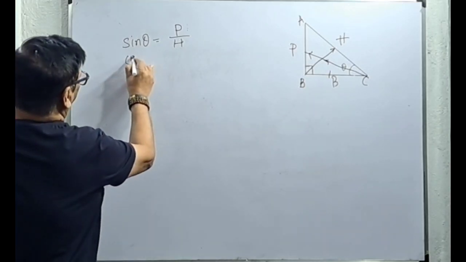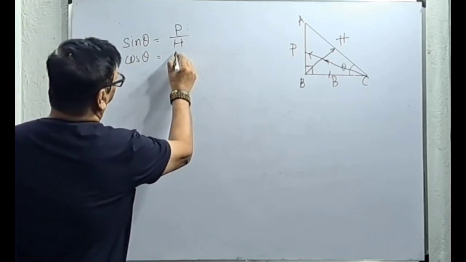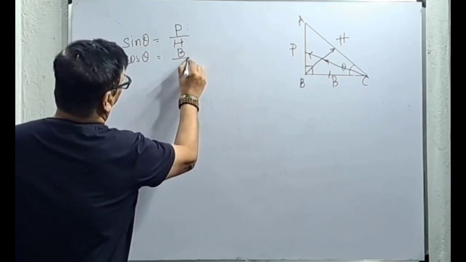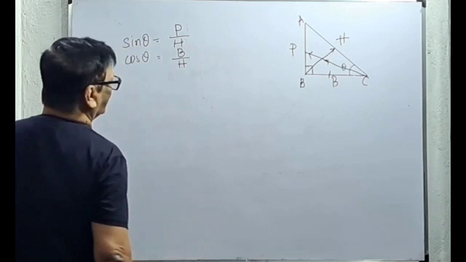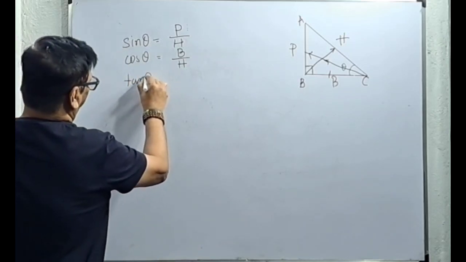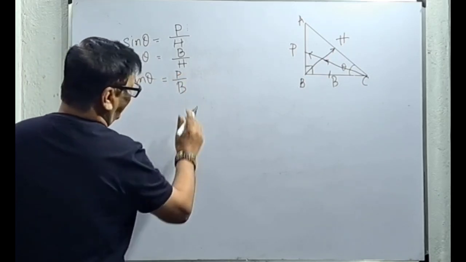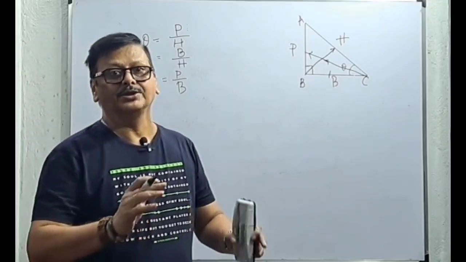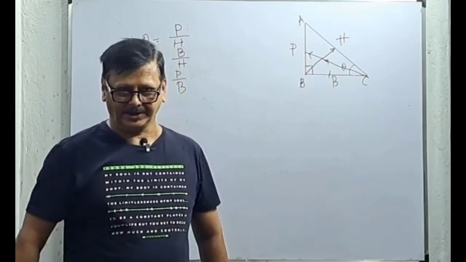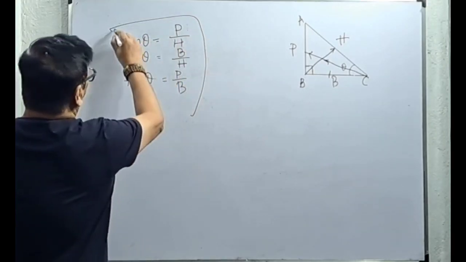Cos theta will be base by hypotenuse, and tan theta will be perpendicular by base. Now, what is the way to remember it, correct? How do I remember all these things, right?